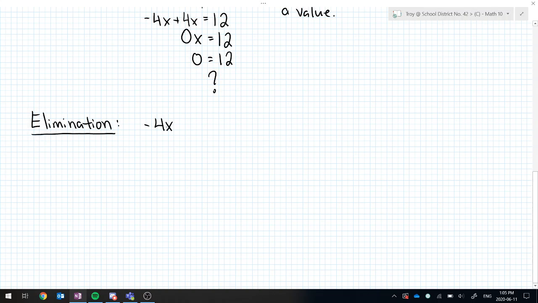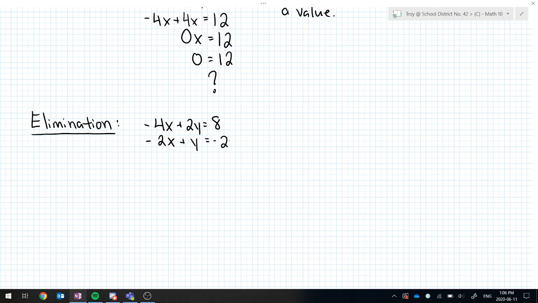So again, negative 4x plus 2y equals 8. And negative 2x plus y equals negative 2. Okay, so the two x coefficients are not equal to each other.